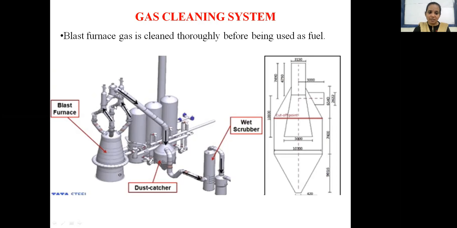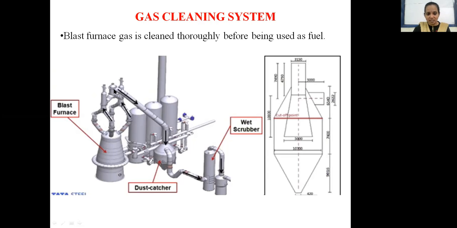These are the uptakes or offtakes. These pipes are connected to a single pipe called the downcomer. The gases produced inside the blast furnace come out through these 4 exhaust pipes, the uptakes or offtakes, without leaking anywhere, and are connected to the single pipe.